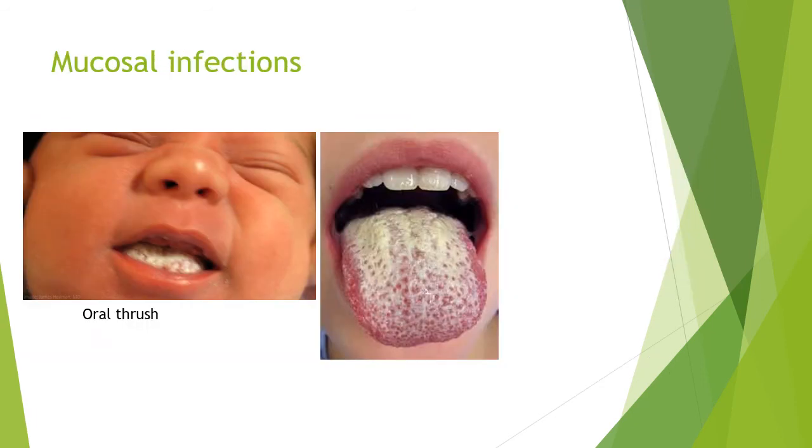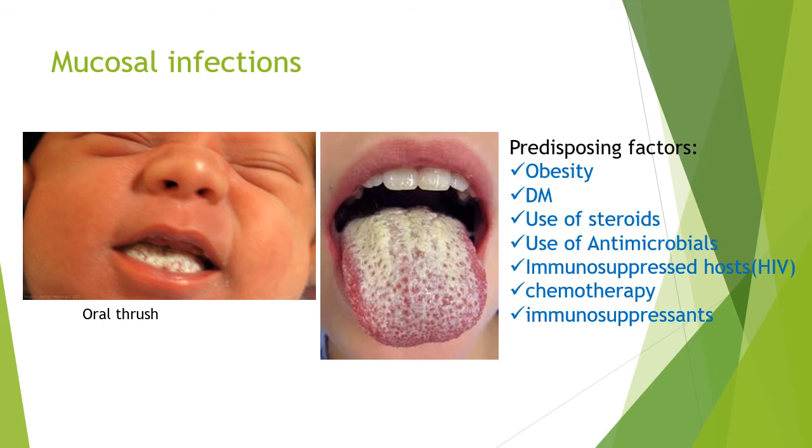Another manifestation of mucosal candida is oral thrush, which happens on the mucosal surface of the oral cavity. This is likely to happen in patients with predisposing factors like obese patients, patients with diabetes mellitus, or patients who are using steroids or antimicrobial therapy, which means that some antimicrobials can suppress the growth of the bacteria.